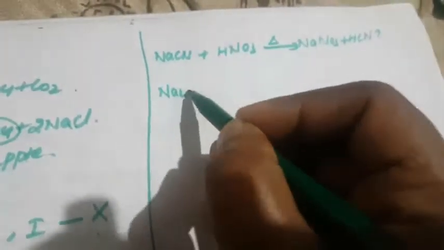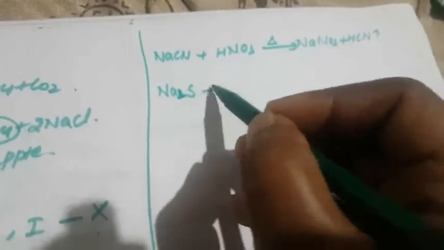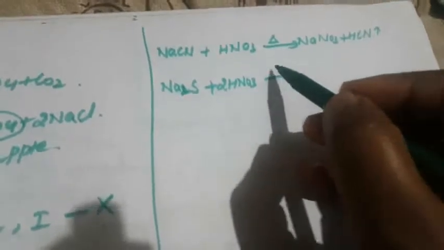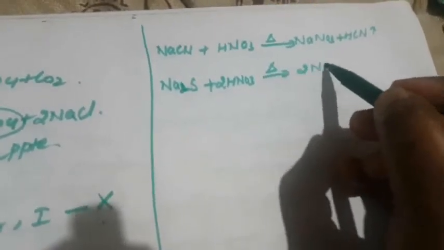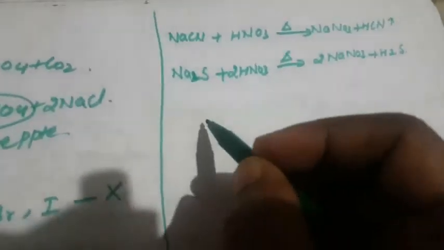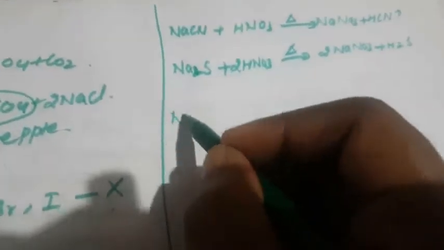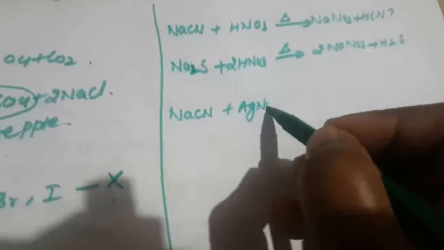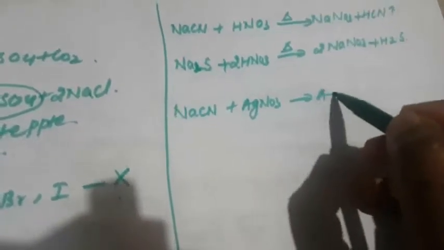Then sodium sulfide with nitric acid, heated, forms sodium nitrate. Next, with further heating, sodium cyanide with silver nitrate forms the AgCN cyanide compound.